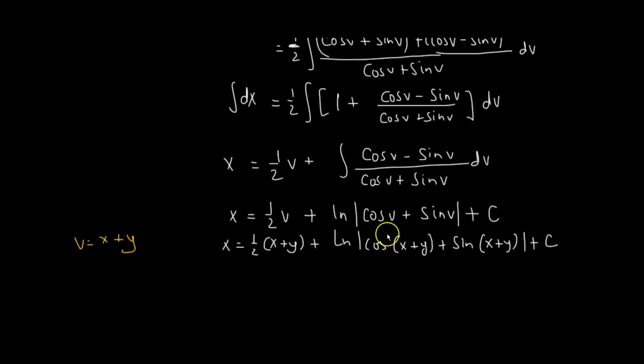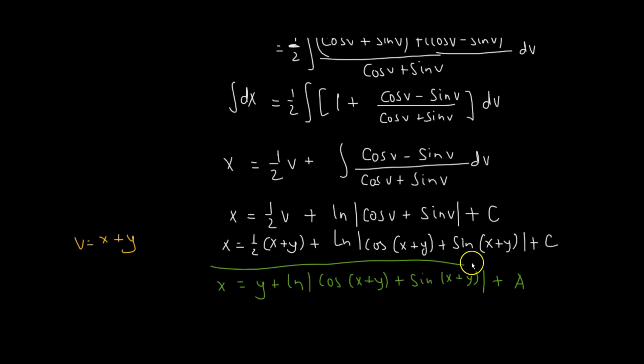And when we simplify it, this is a very simple algebraic simplification, that should give us the final answer as x equals y plus natural log of cosine of x plus y plus sine of x plus y plus the constant of integration a. So this is the required solution to our given differential equation.